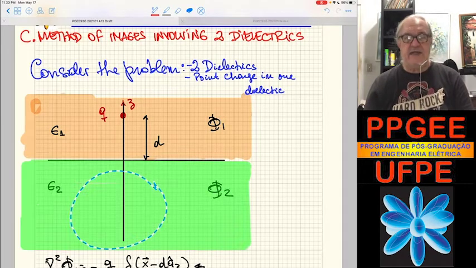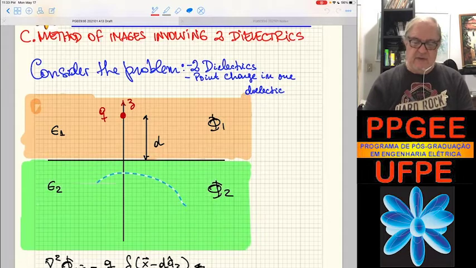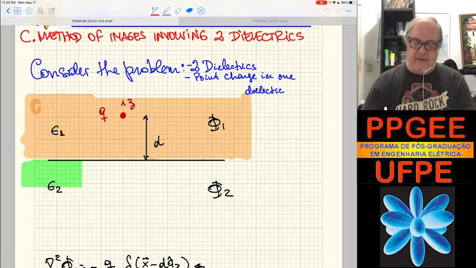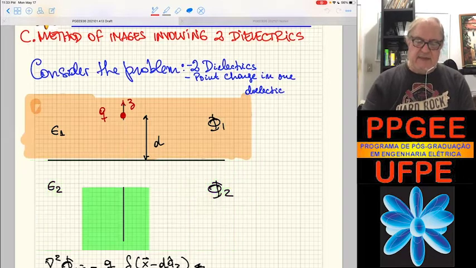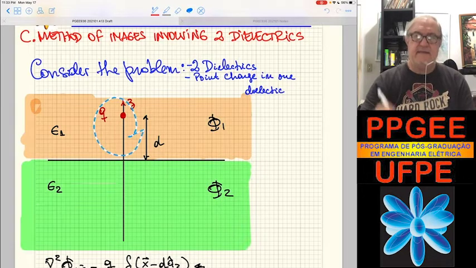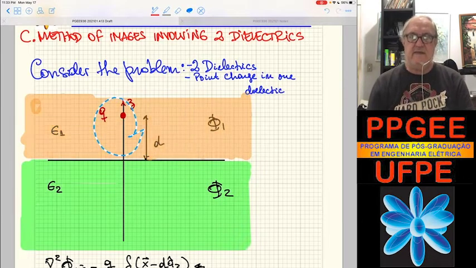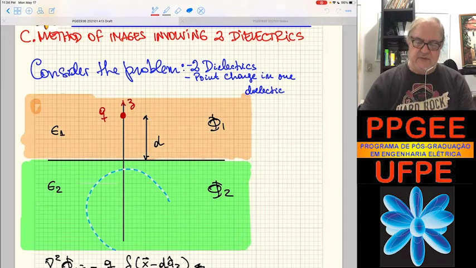The image charge cannot be in the region below. If we want to solve the problem in this region here, the image charge has to be put outside, has to be placed on medium 1. So the image charge is only useful to solve the problem in region 2.